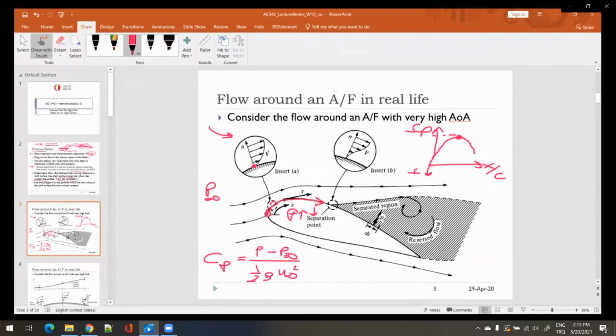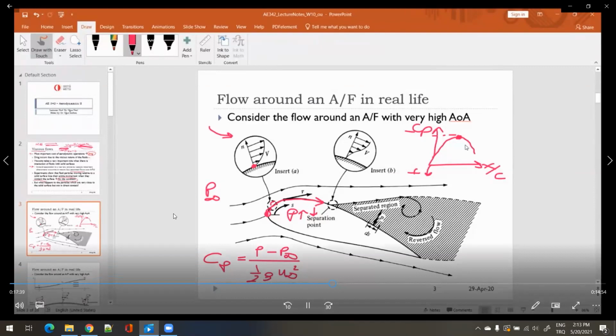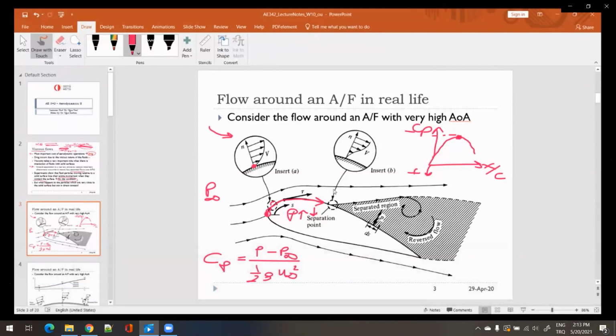Now, depending on the angle of attack of the flow, this pressure increase can happen very sharply or very smoothly, in a very shallow fashion. Let's say somewhere here we have the suction peak, and after this, as you move along the surface, the pressure is increasing. Just two definitions for you.